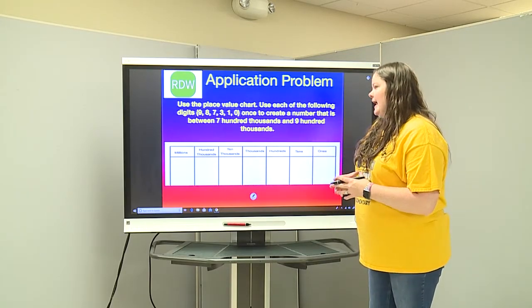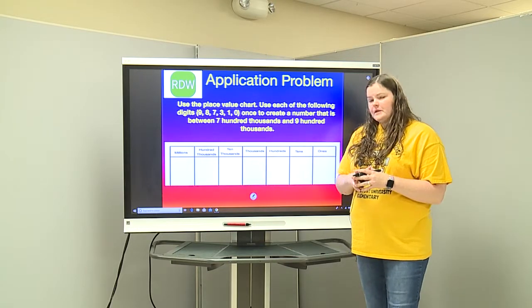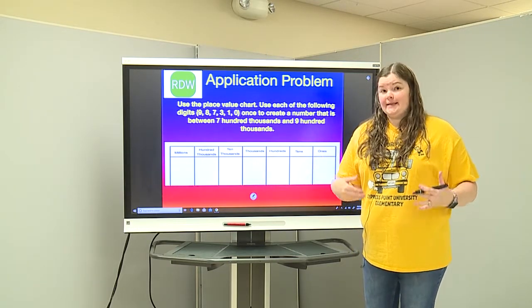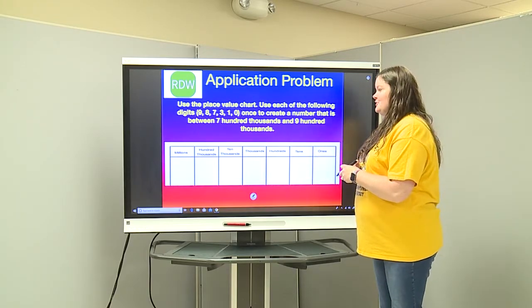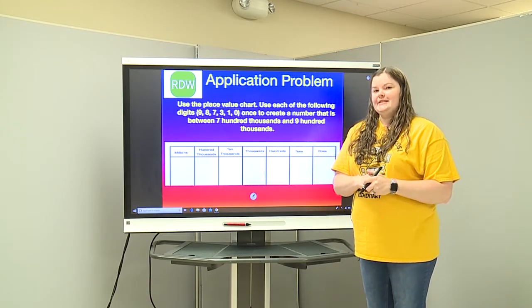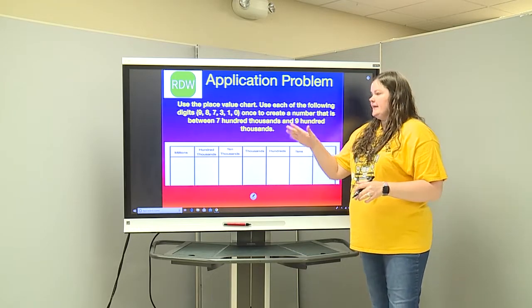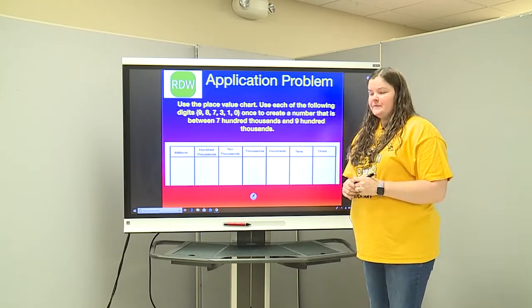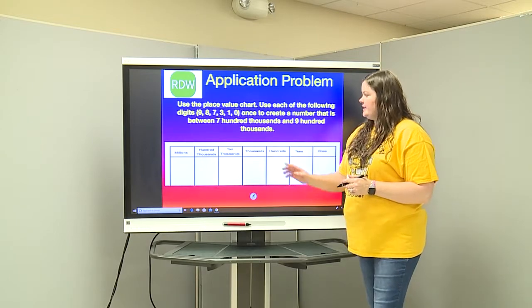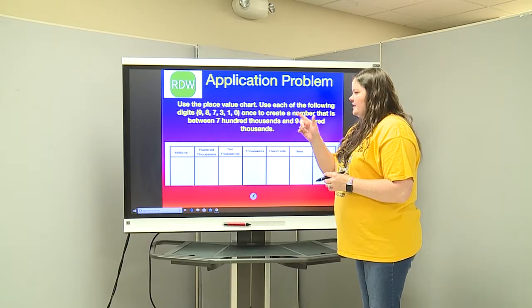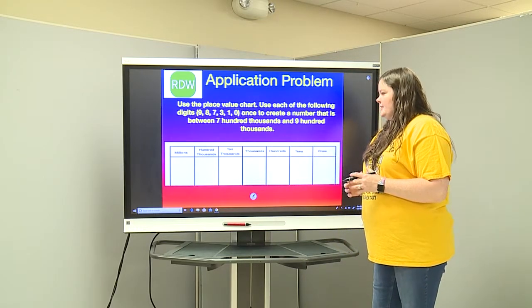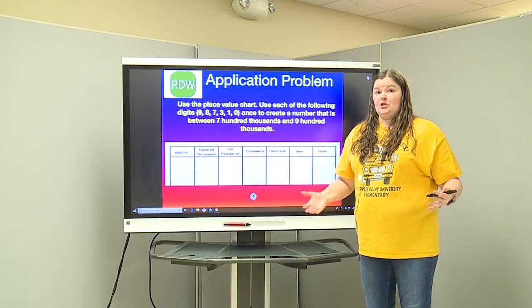So this particular application problem, there's more than one answer that can be accepted here. However, since we're just doing this virtually here, we're just going to come up with one answer today. But it wants us again to use each of these digits one time to create a number that's in between 700,000s and 900,000s. So let's first look at these digits to see what we can start with.